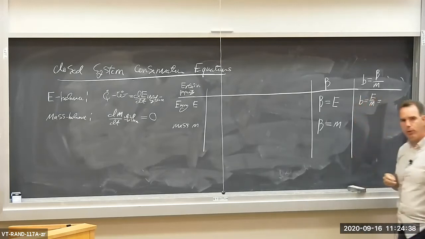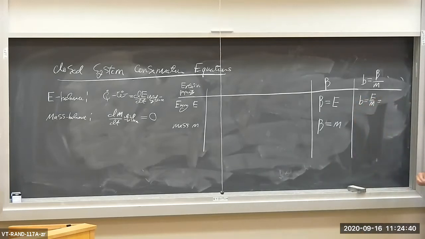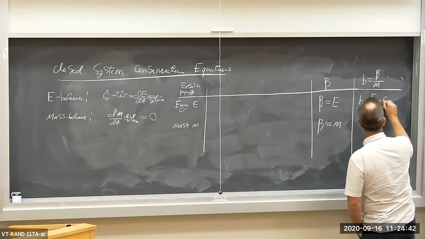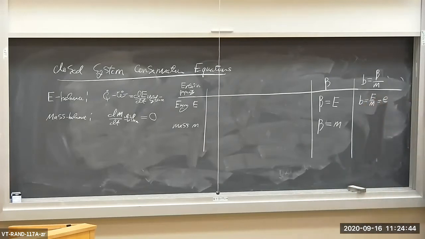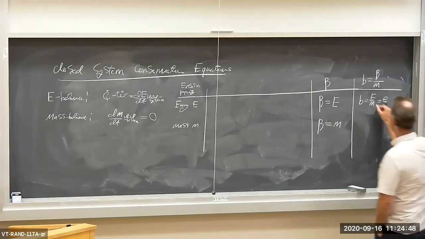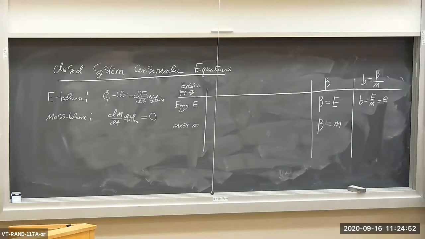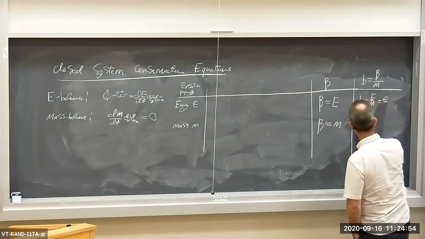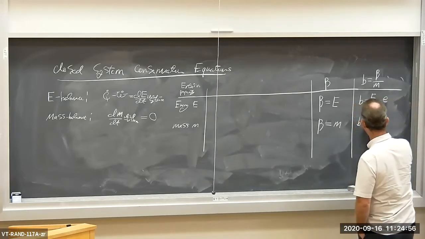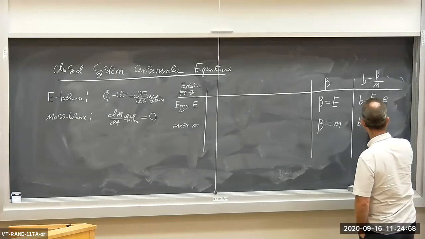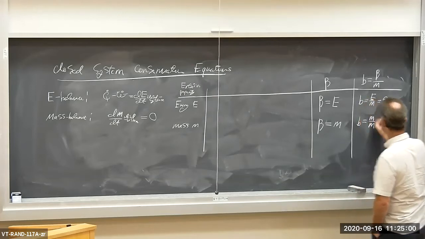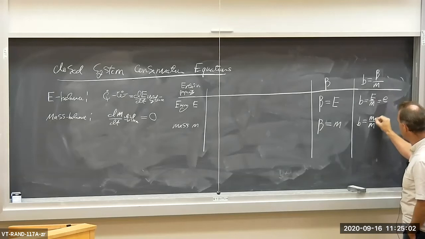What's energy per unit mass? It's specific energy. This is total energy we're talking about. So this is lowercase e. All right? That doesn't look like an E. And in the case of mass, lowercase b is mass per unit mass, so beta per unit mass. These cancel out and I get 1.